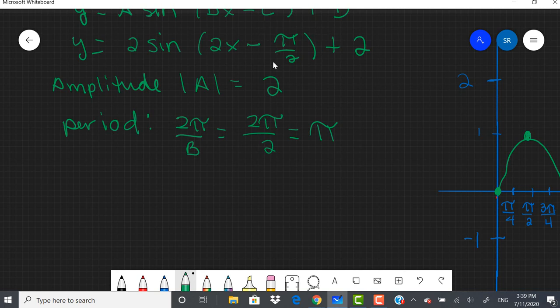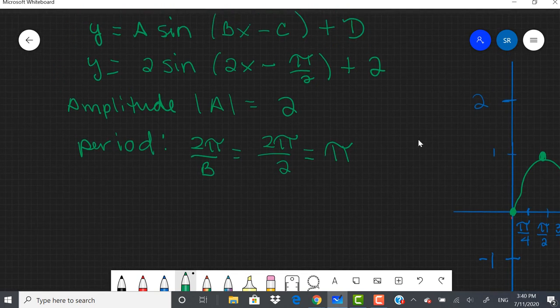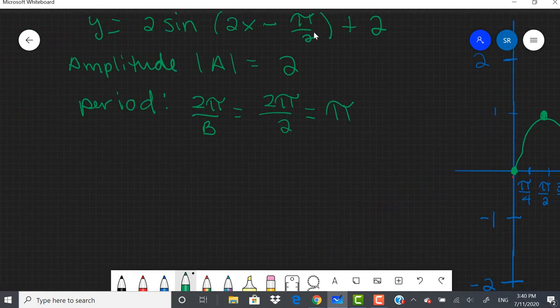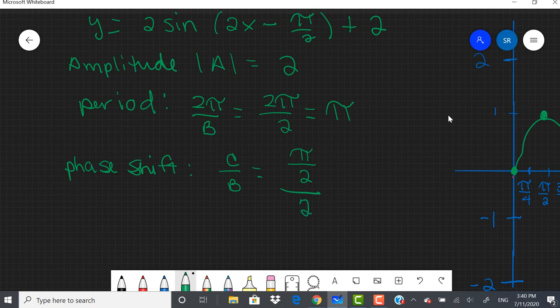But then this right here is telling me I'm going to have a phase shift. In other words, I'm going to move my whole graph over. So how much do we have to move over? Well, the phase shift is always C over B. So in this case, my C is pi over 2, and my B is 2.